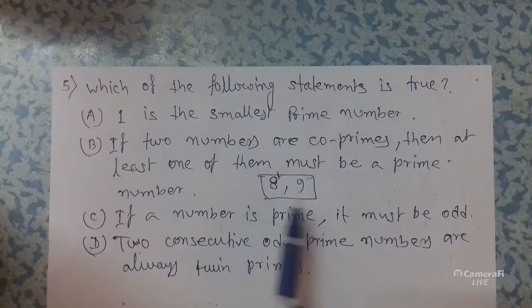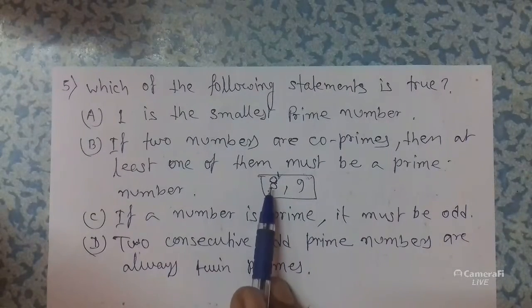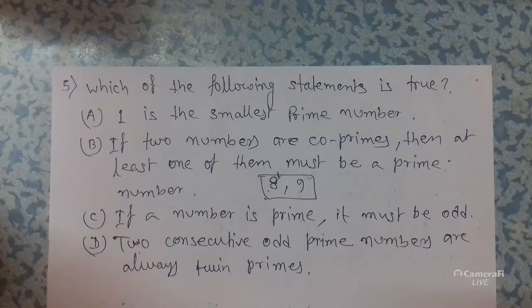They are composite numbers. So it is also a wrong statement. Option C, if a number is prime, it must be odd. Wrong answer.